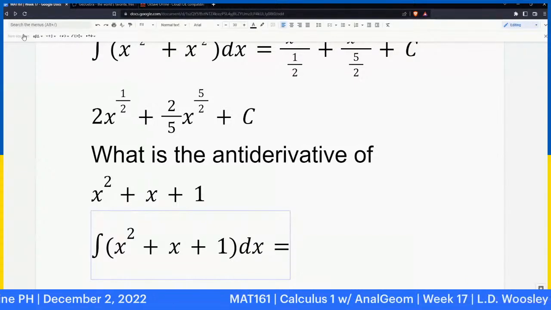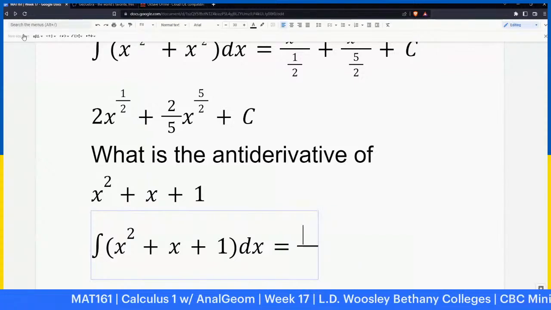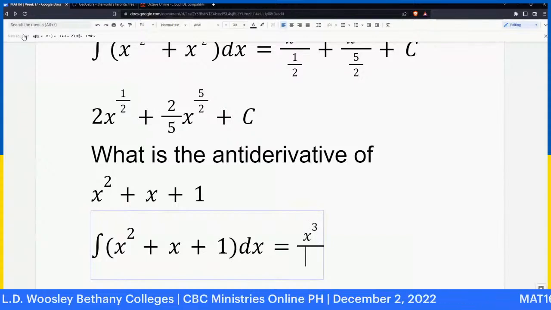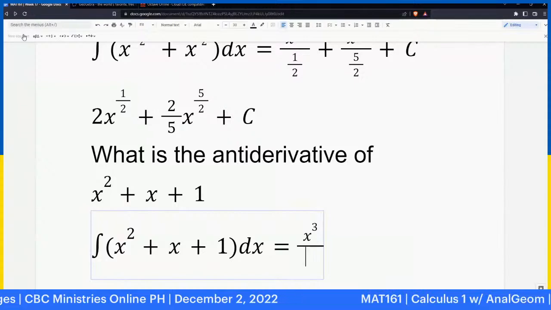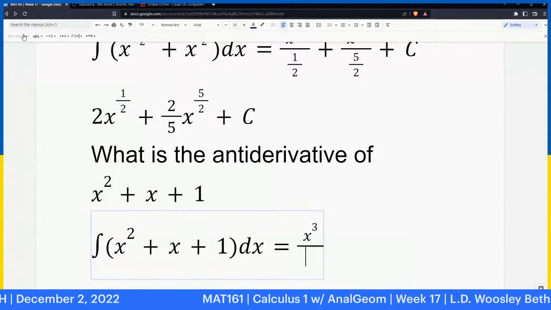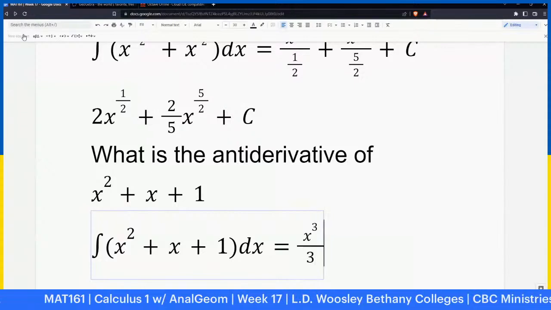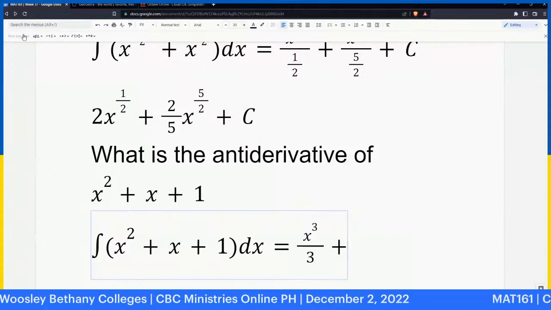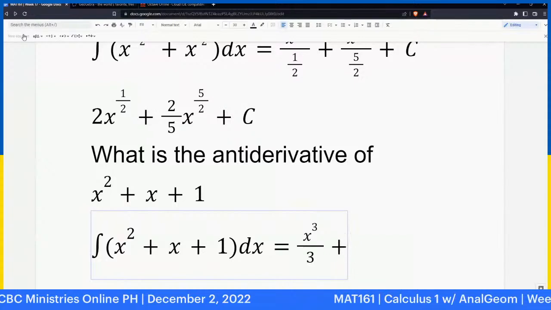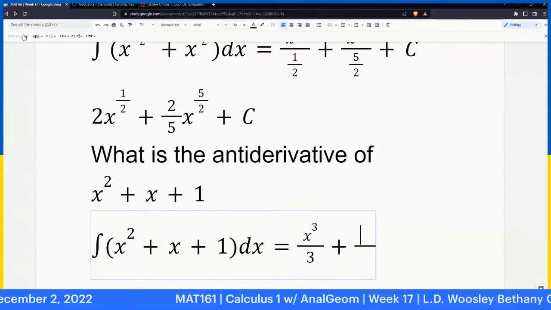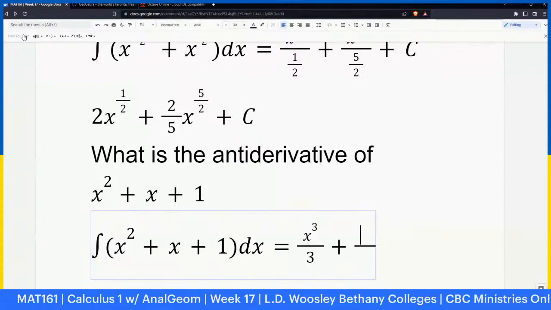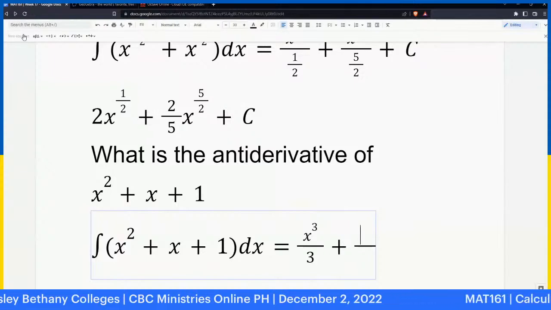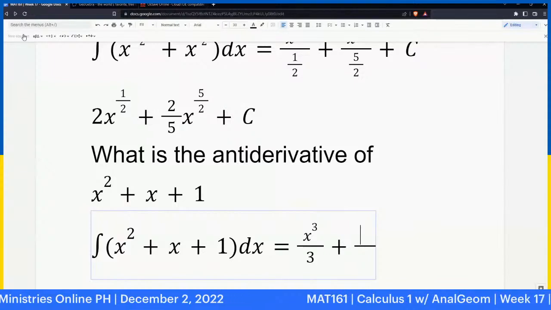X dx po. Okay, x cubed over, u raised to n plus 1 over n plus 1. X cubed over 3. Okay, plus x squared.